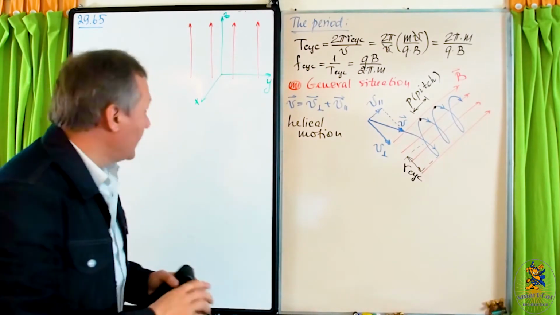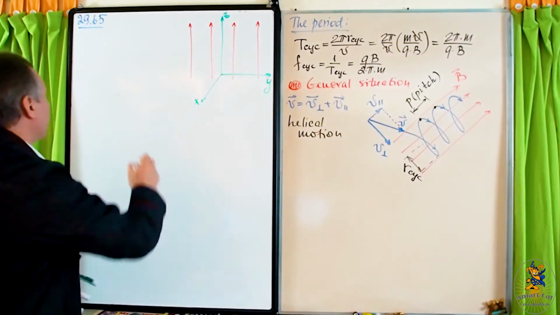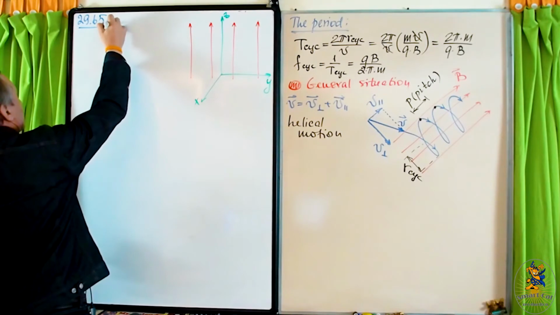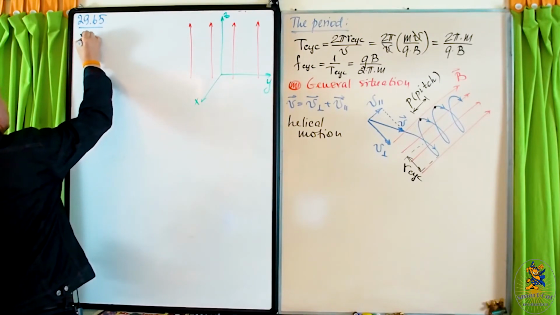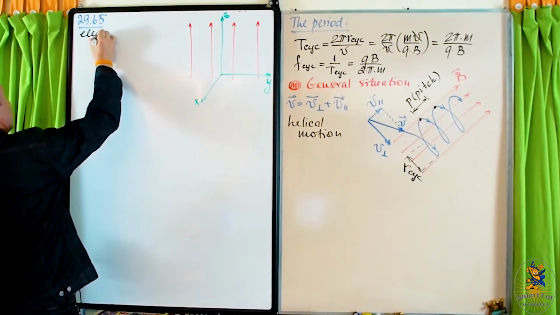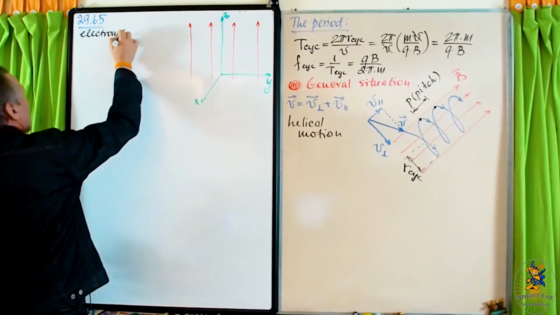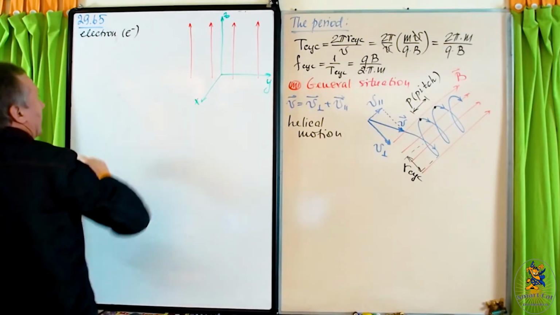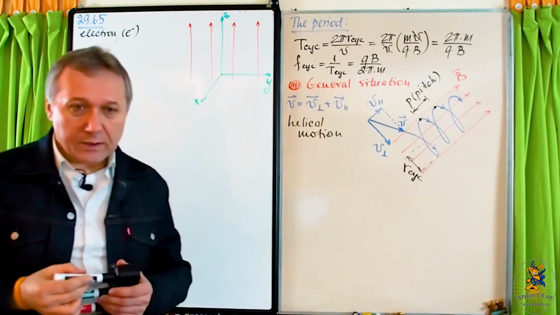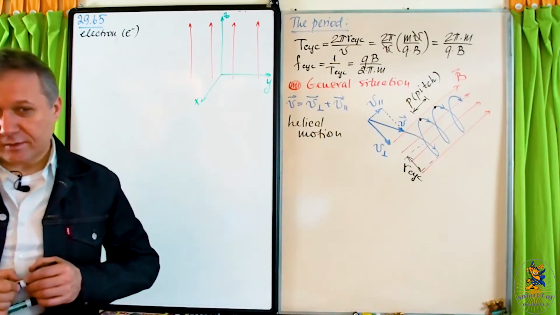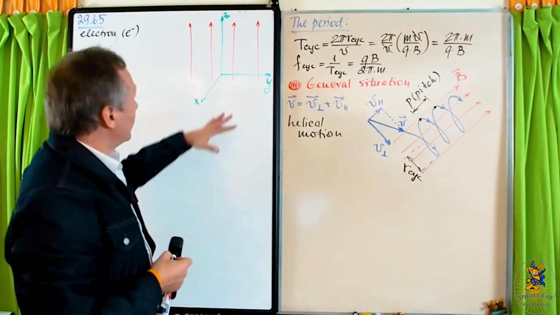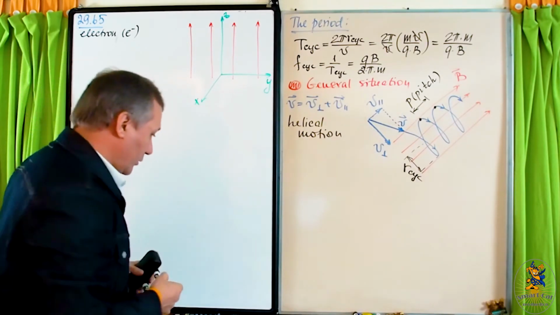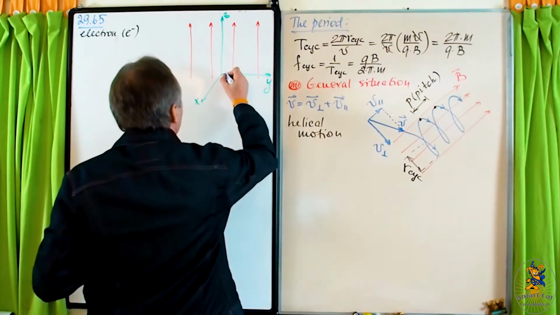Now, the particle, and that is an electron. So now, let's assume that we have an electron. Electron, e minus, enters this magnetic field at angle theta relative to the xy plane. So probably I will draw something like this.